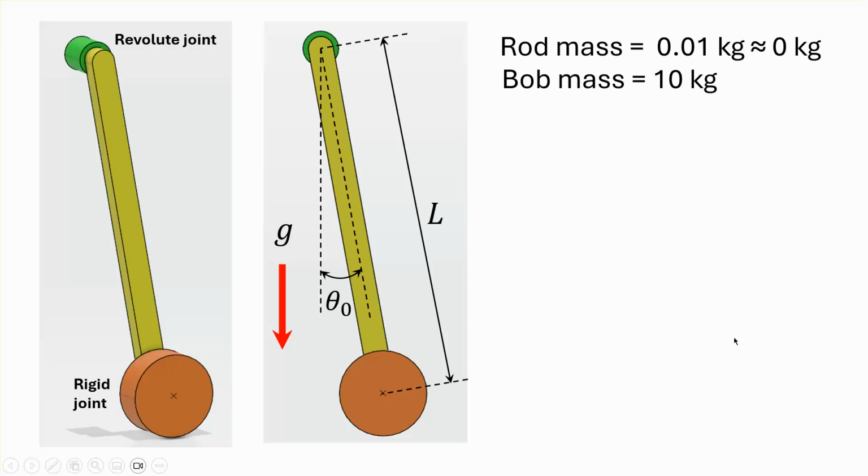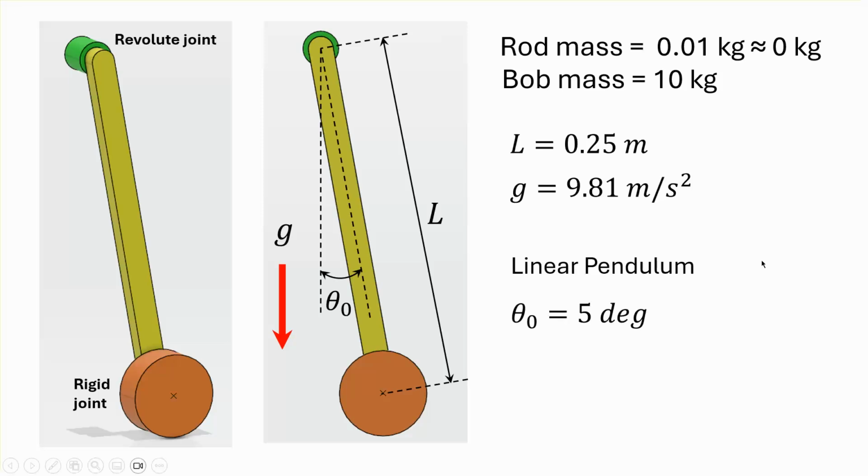It has nothing to do with the size of the mass, but let's say that the rod has a very small mass, 0.01 kilogram, approximately zero, as compared to the mass of the bob, which is 10 kilogram, and the length of the rod is 0.25, and the gravity constant is the standard 9.8 meter per second squared. And we release this bob from a 5-degree angle.